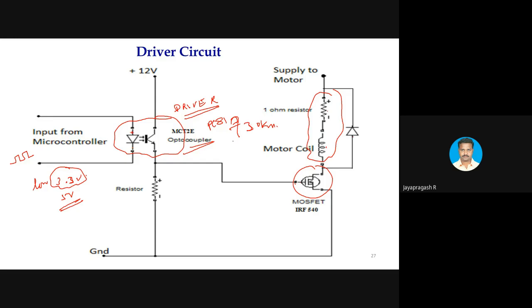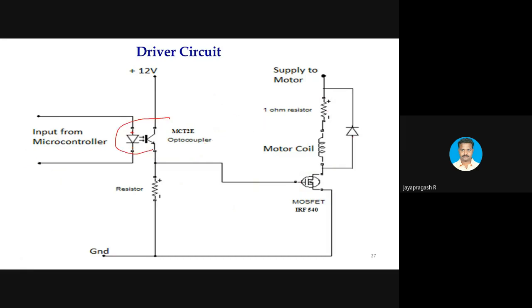For more than this, you can go for the TLP 250 to operate the power converter at a higher frequency. You can decide accordingly. This driver magnifies the control signal as well as provides electrical isolation between the low power circuit and the high power circuit.